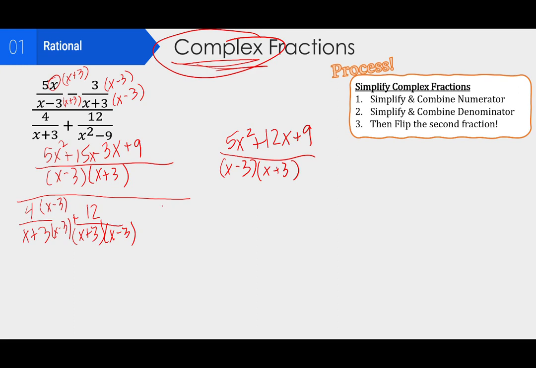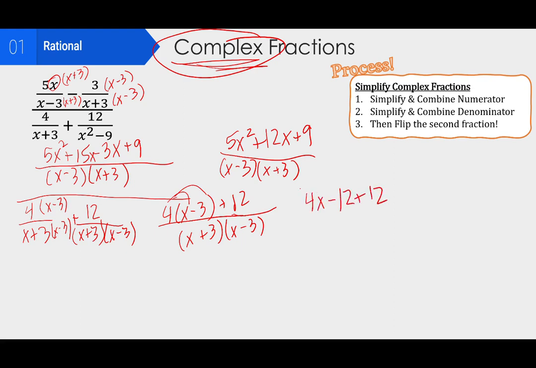So I have 4 times x minus 3 over my common denominator plus 12, because I didn't need to change that second fraction. Simplifying that, I got 4x minus 12 plus 12. Ooh, that's nice. I love when things make 0. So that becomes 4x over x plus 3, x minus 3. I'm leaving that simplified in case I need to factor some things out.